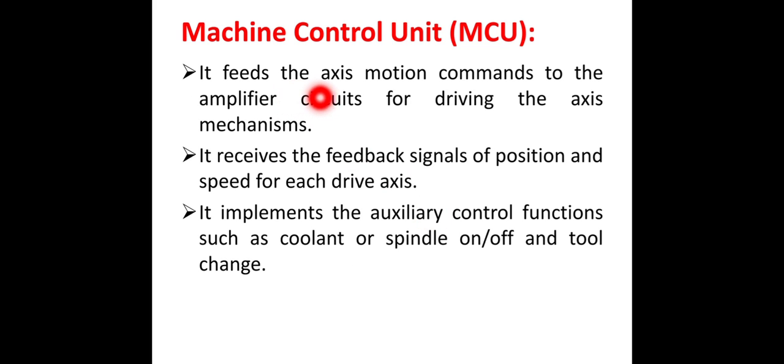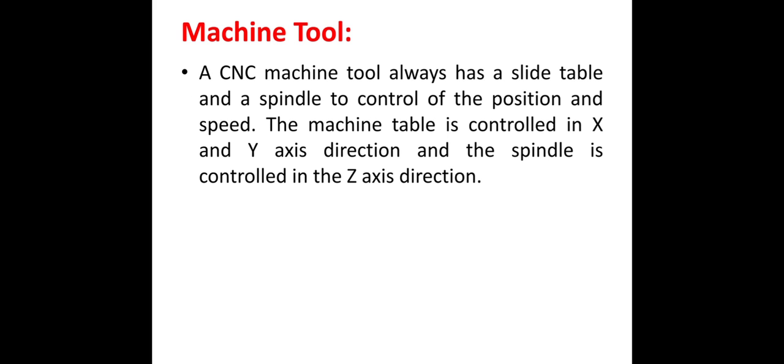It feeds the axis motion commands to the amplifier circuits for driving the axis mechanism. It receives the feedback signals of position and speed for each drive axis. It implements the auxiliary control functions such as coolant or spindle on or off and tool change. That is nothing but the miscellaneous function we have seen in the block diagram.